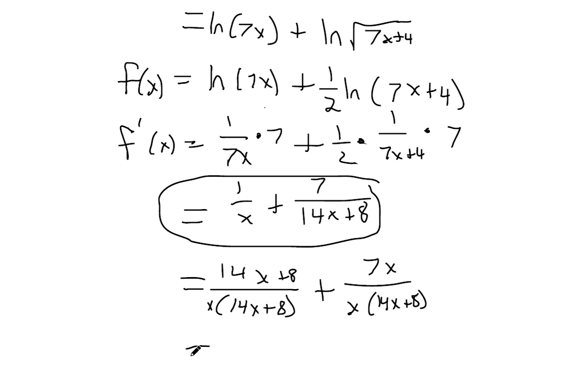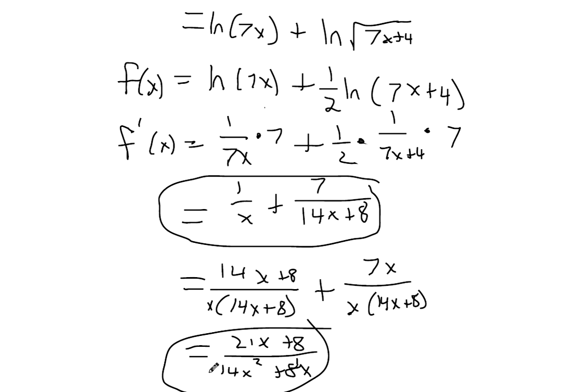And now we can combine the numerators. Oh wait, 14x plus 7x makes 21x plus 8. And then I think they distributed in the denominator. They made 14x squared plus 8x. Either way, it should accept this, should accept that, should accept it if you did distribute it. It's somewhat user-friendly in that regard.